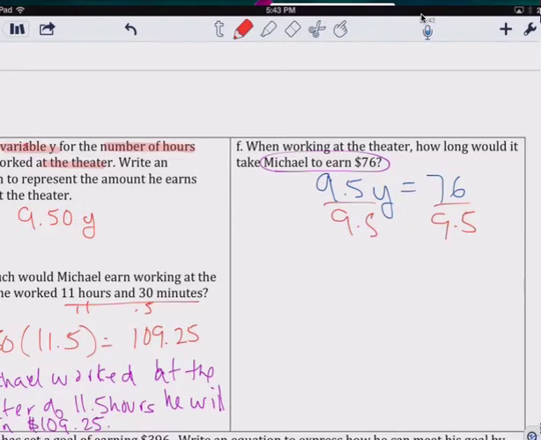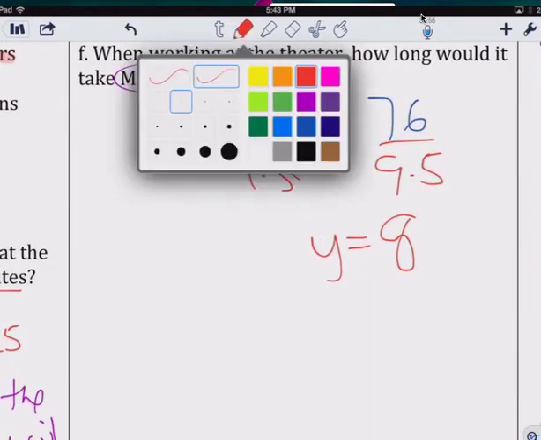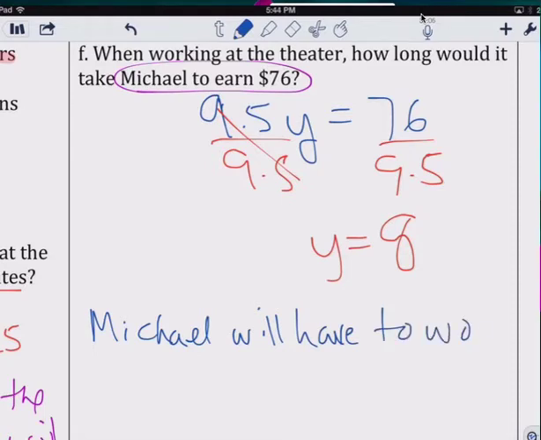That's a nice, easy number. You don't have to find how many minutes. So Michael will have to work 8 hours to earn $76.